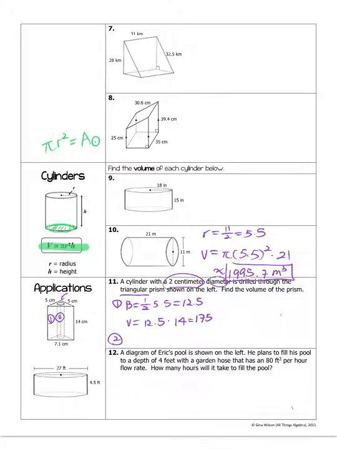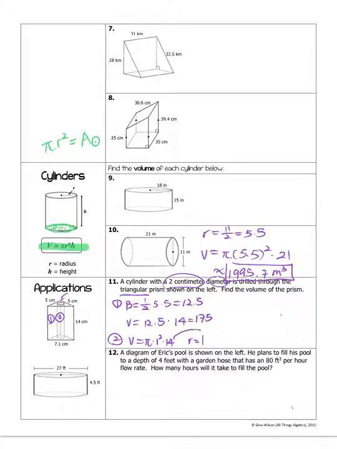So number 2, I need to calculate the cylinder. The cylinder is a circle at the bottom, so it's pi r squared. And if diameter is 2, so my radius is 1. So pi r squared is pi times 1 squared, then times the height. The height is at 14.